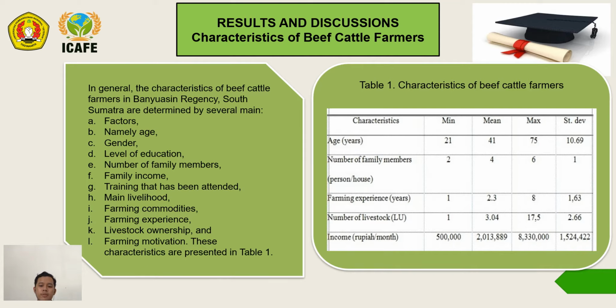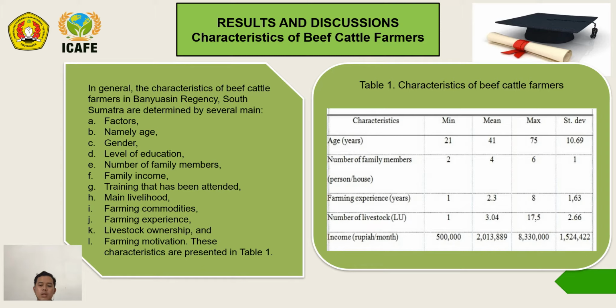Most of the beef cattle farmers state that their main occupation were farmers or breeders. 12% were private laborers, and less than 1% were farm laborers and traders. Beef cattle farming is merely perceived as an additional commodity by 54% of farmers.